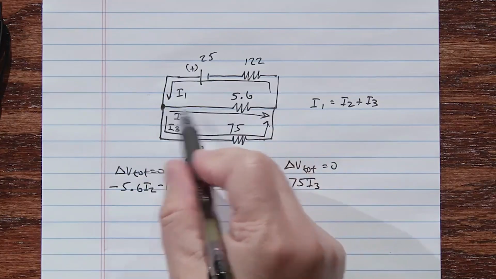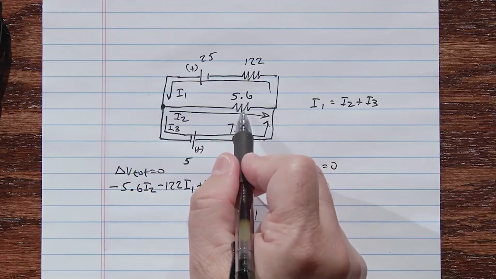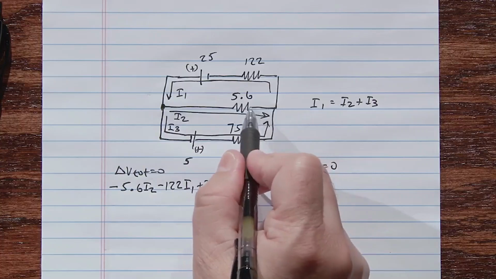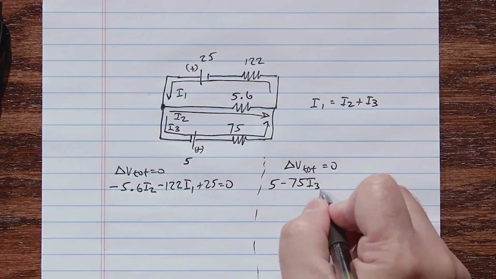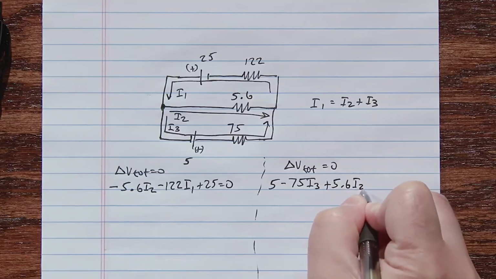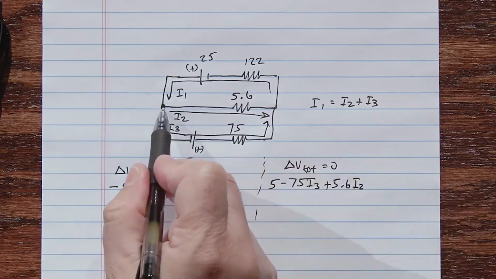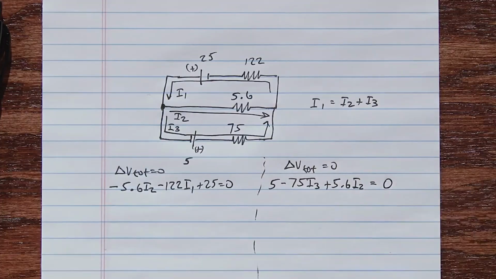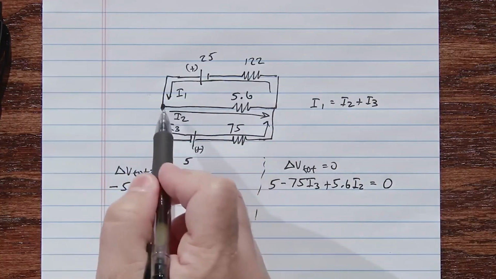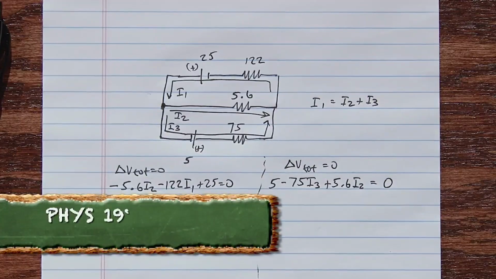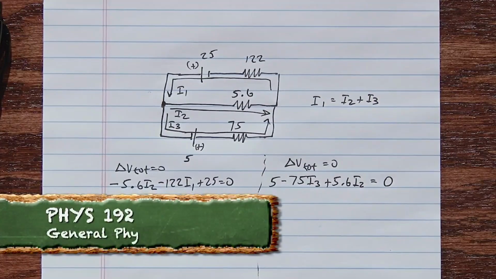And now, as I go back to my starting point, I'm going across the 5.6 ohm resistor, but I'm going against the current, so I'm going up voltage, so it'd be plus 5.6 I2. And then I'm back where I started, so that is equal to 0. My change in voltage as I go around has to equal 0. So now I have 3 equations and 3 unknowns, so we just solve them using algebra.